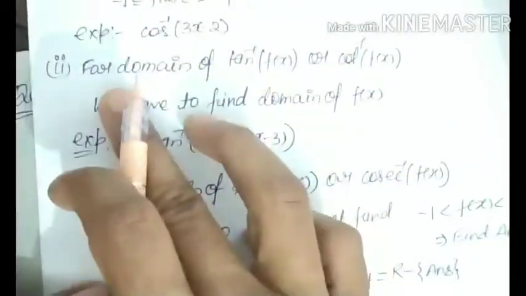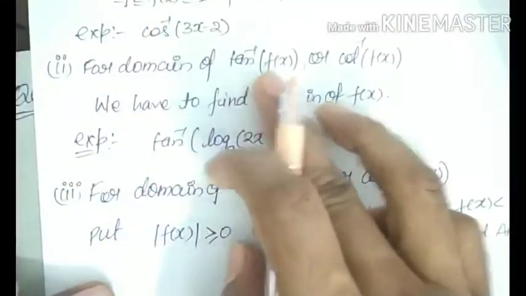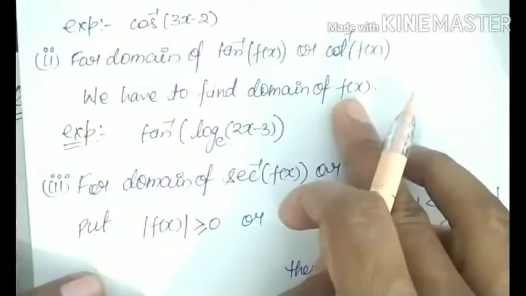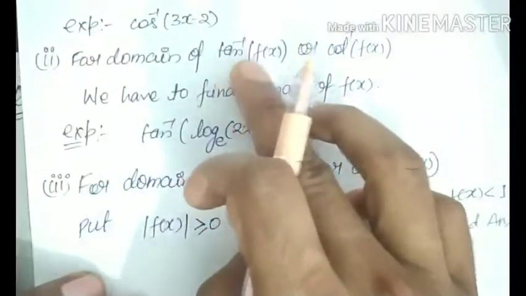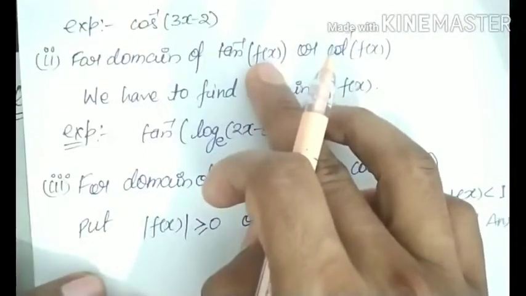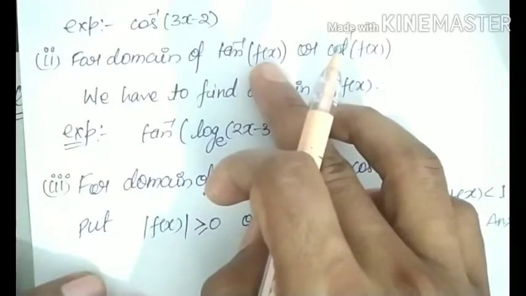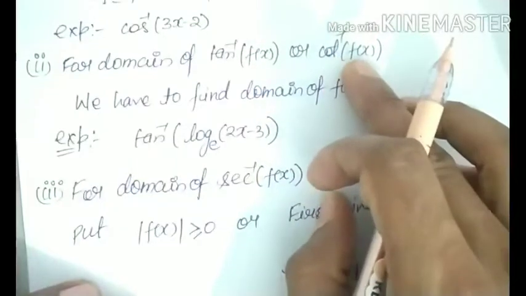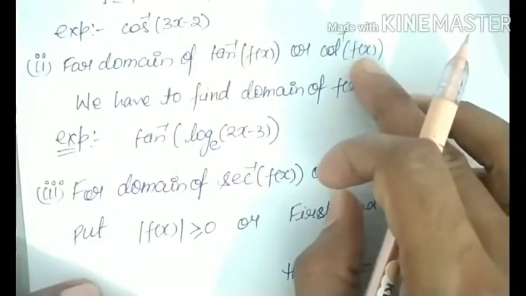The second rule is, for the domain of tan inverse f(x) and cot inverse f(x), we have to find the domain of f(x). That's it. For tan inverse f(x), we only find the domain of f(x), that is sufficient. For cot inverse f(x), we find the domain of f(x), that is sufficient.